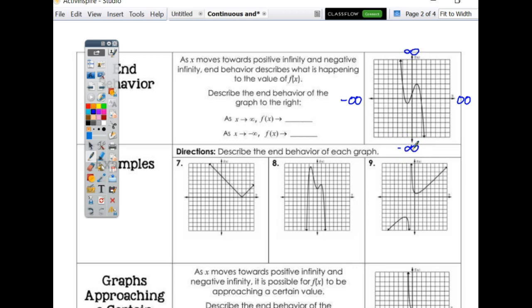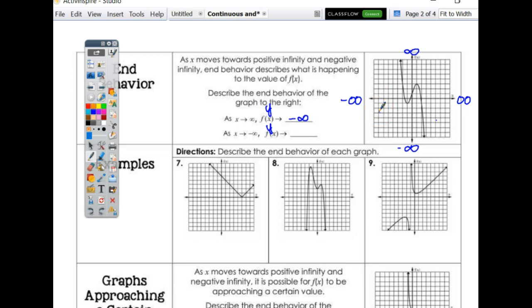So f of x is the same as what? Y, right? So as x goes to infinity, what is my y variable doing? This time, as x goes to infinity, what's happening to my y value? It's going to negative infinity, correct? And as my x goes to negative infinity, what is my y value doing?